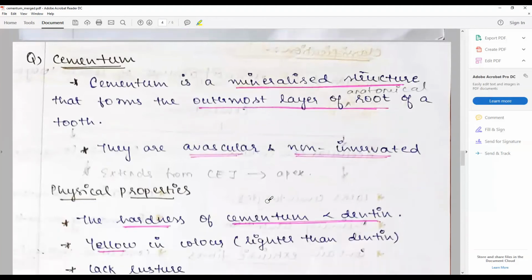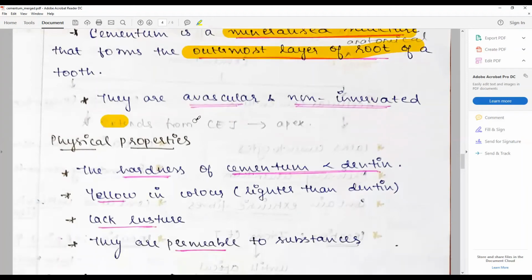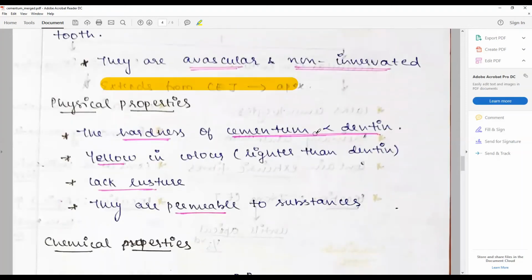This is a paper of a different candidate to show how effectively, diagrammatically, the concept can be projected. Mineralized structure, outermost layer of anatomical root, avascular, non-innervated, extends from CEJ to apex. This is how the notes are subsequently modified when the candidate feels that certain points are missed out. The hardness of cementum is less than that of dentin, yellow in color, permeable to substances.